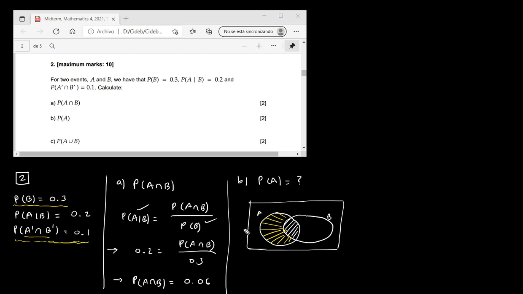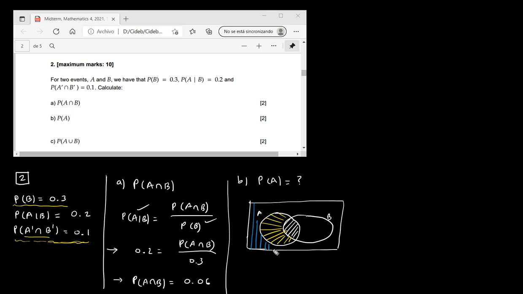What is A prime? Is everything that happens outside A. I'm not gonna paint it because I don't want to make a whole mess. A prime is everything that happens outside A. What is B prime? Everything that happens outside B. So if you wanna talk about the intersection of those things, then you must realize that that intersection or this event is equal visually to all of this.